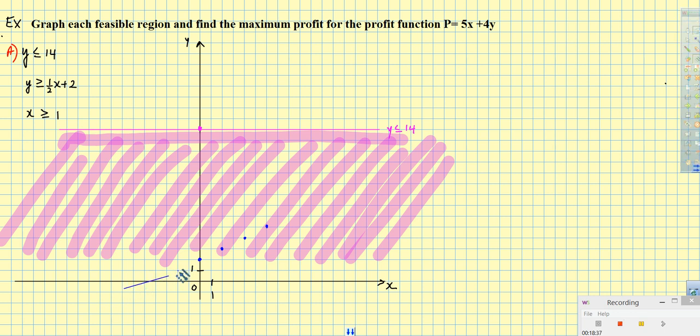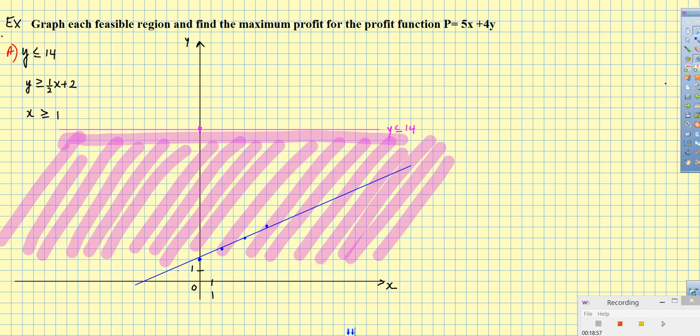Nope, I don't like that. There we go, that's much better. Not perfect, but it gets it going.